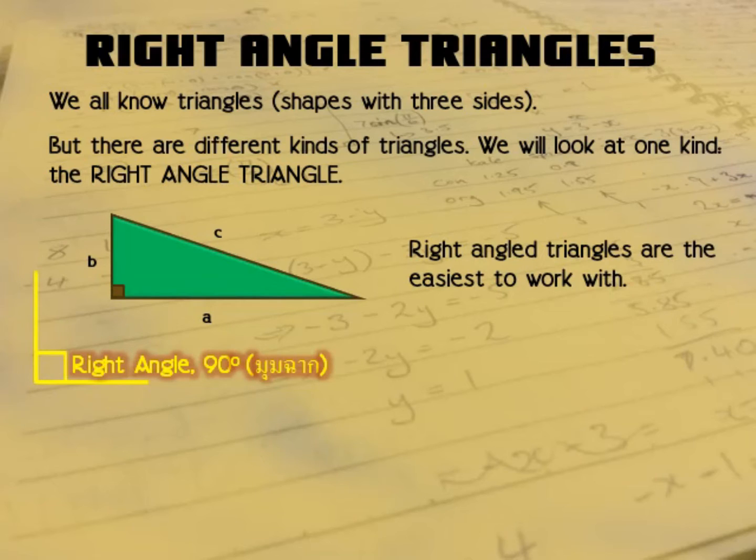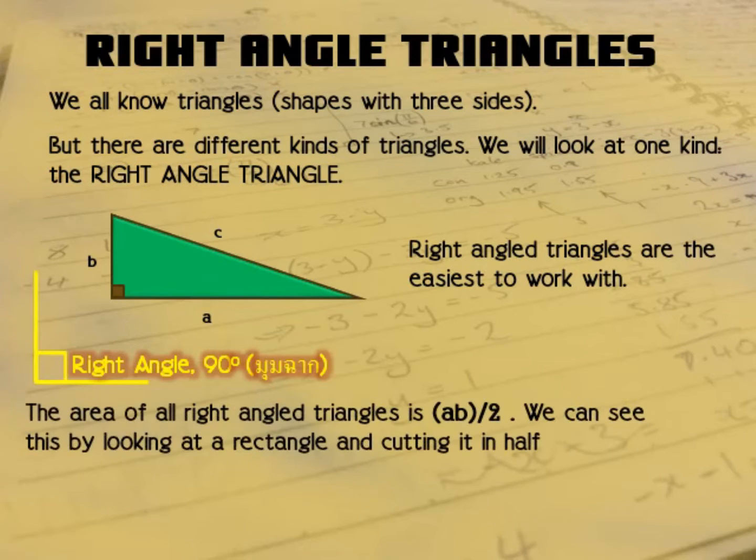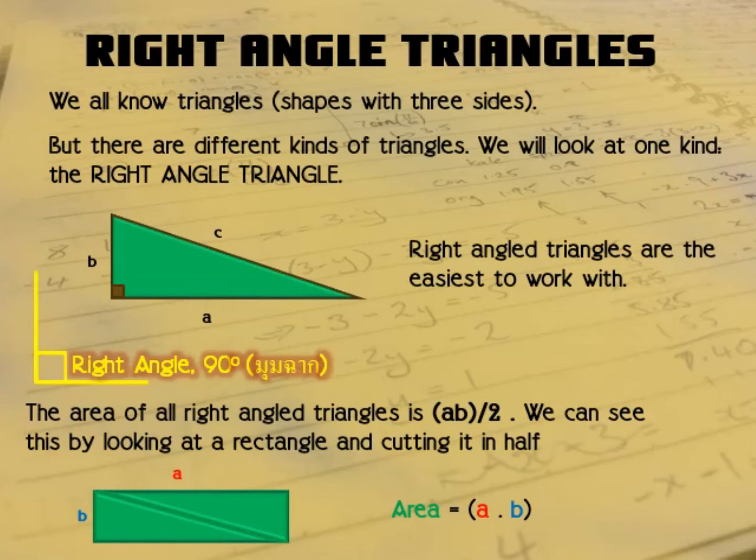And right-angled triangles are the easiest ones to work with, and the area of all right-angled triangles is a times b divided by 2, which we can see if we cut a rectangle in half. You will probably know that the area of a rectangle is just the length multiplied by the width, and there you have the area of that rectangle is a times b.